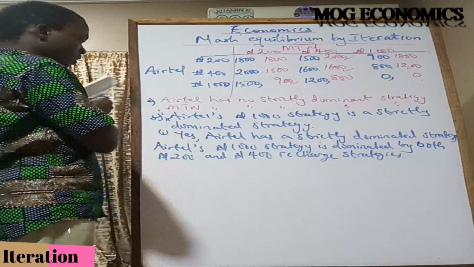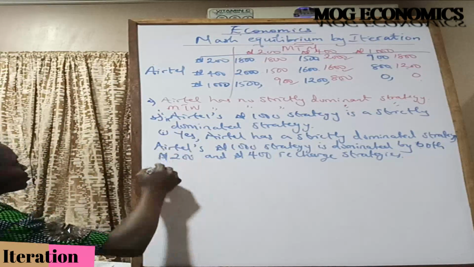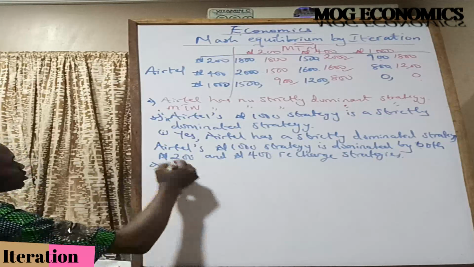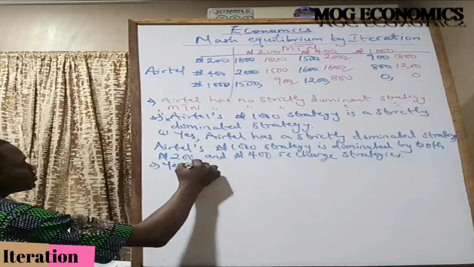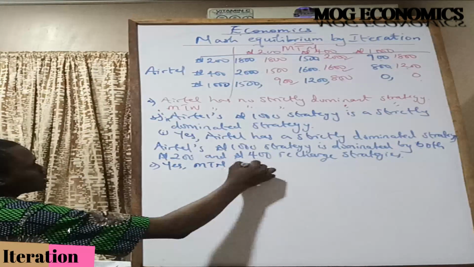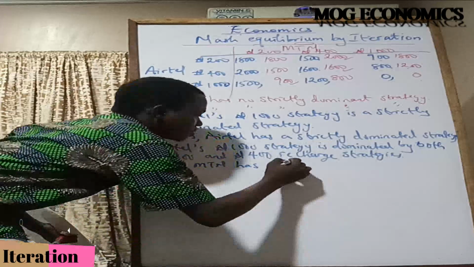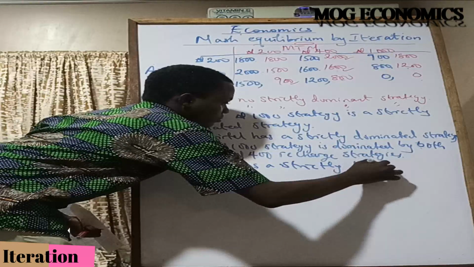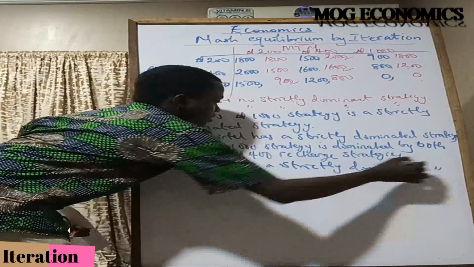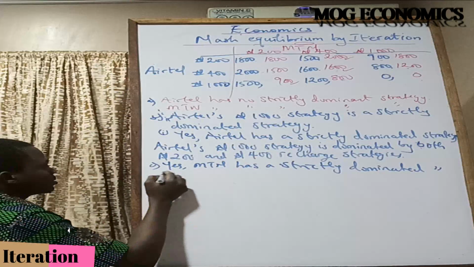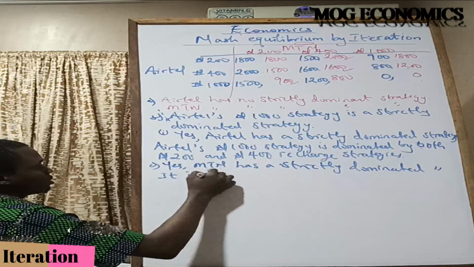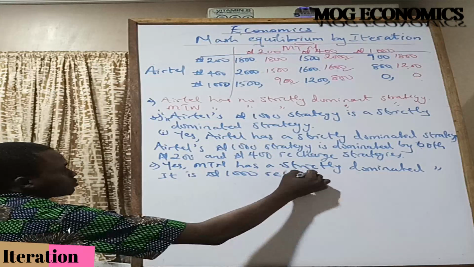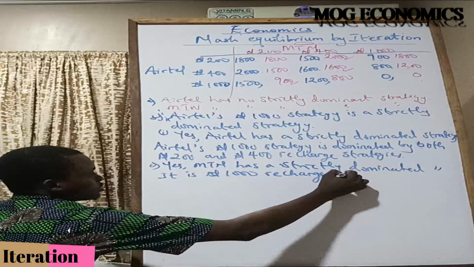Let me call this C. So yes, MTN has a strictly dominated strategy, and it is the 1000 recharge strategy.